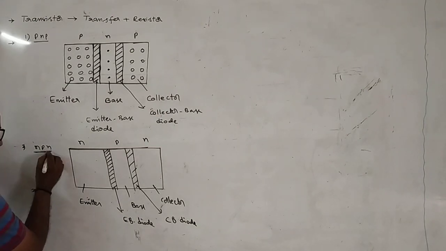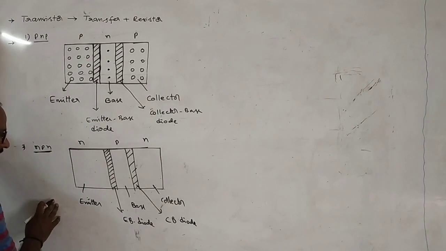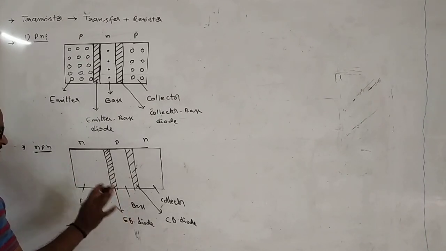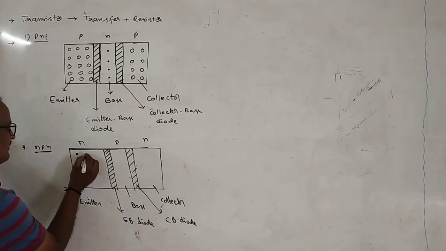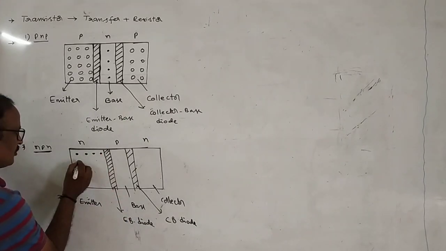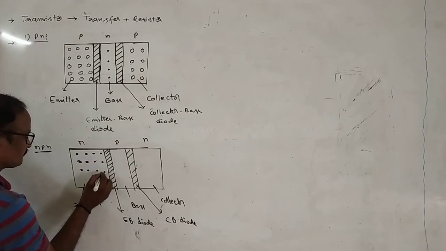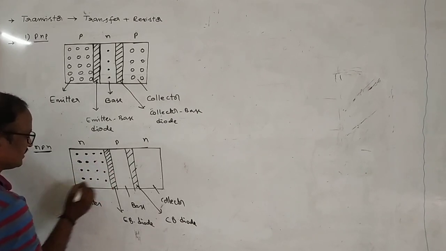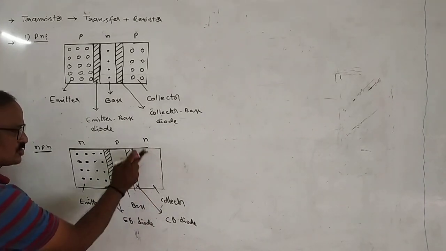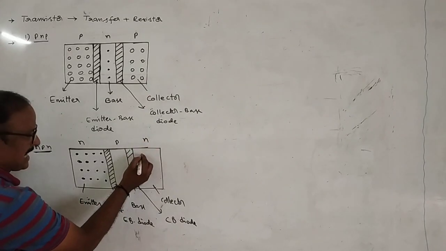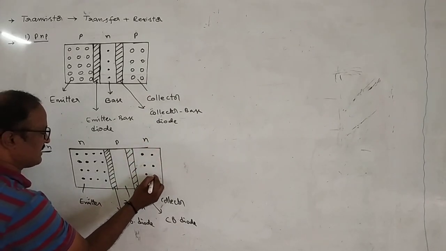In this NPN transistor, the emitter means n-type material. In any type of transistor, the emitter is always a heavily doped material, meaning it has a large number of electrons. Again, the collector is a moderately doped material. It is also n-type, with fewer charge carriers compared to the emitter.